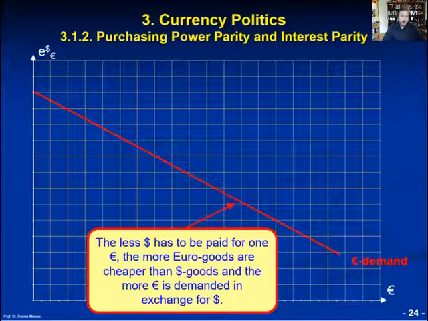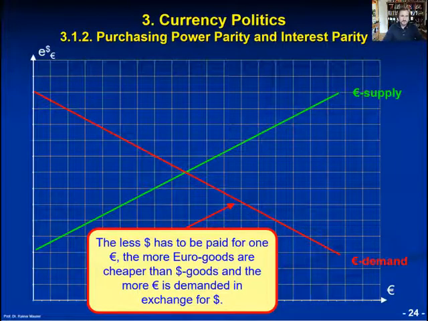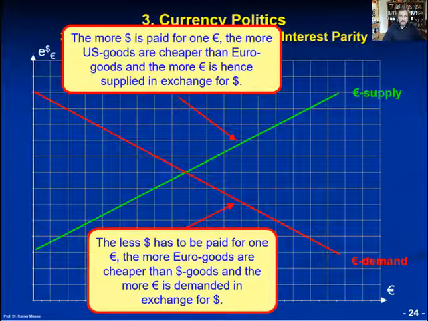The euro supply curve has the usual positive slope as we have just seen, since the more dollar is paid for 1 euro, the more US goods are cheaper than euro goods, and the more euro is hence supplied in exchange for dollar.